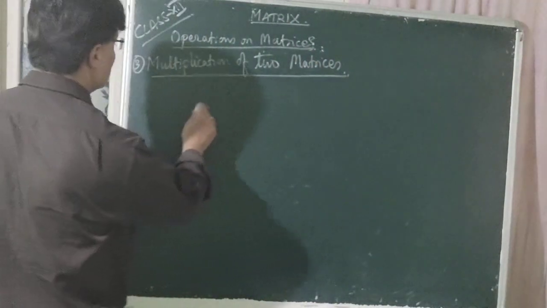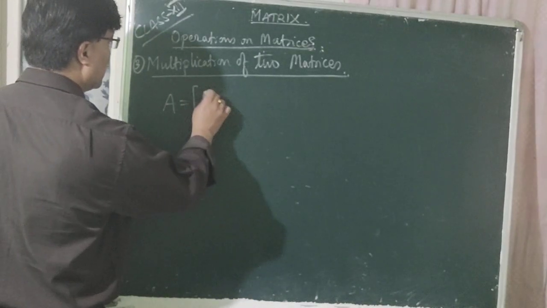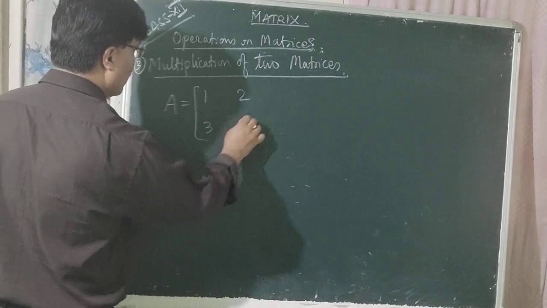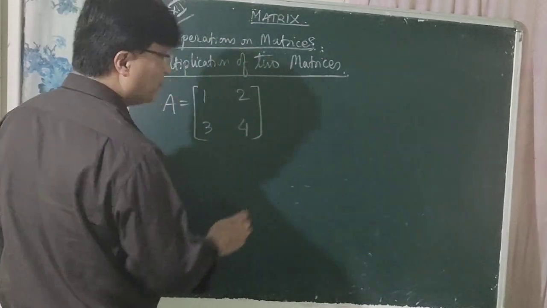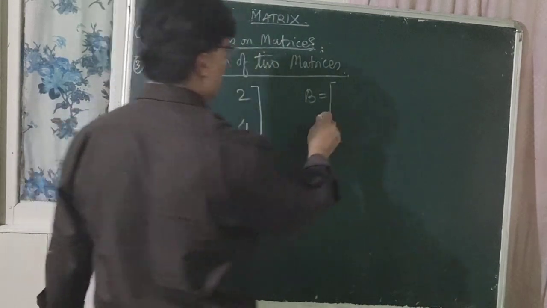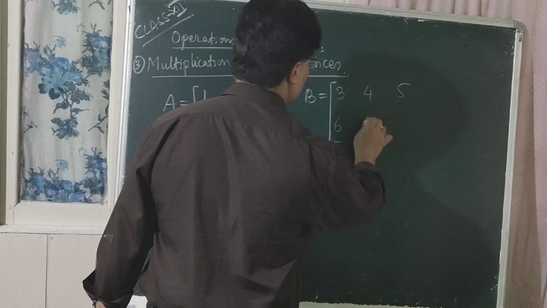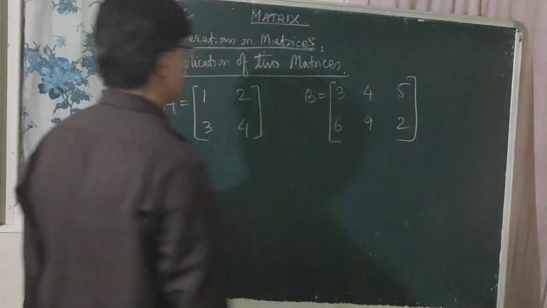Okay, suppose capital A is equal to 1 2 3 4, okay, and B is equal to 3 4 5 6 9 2, right?